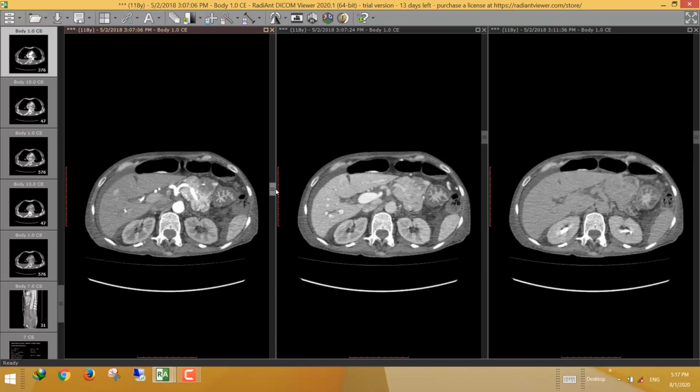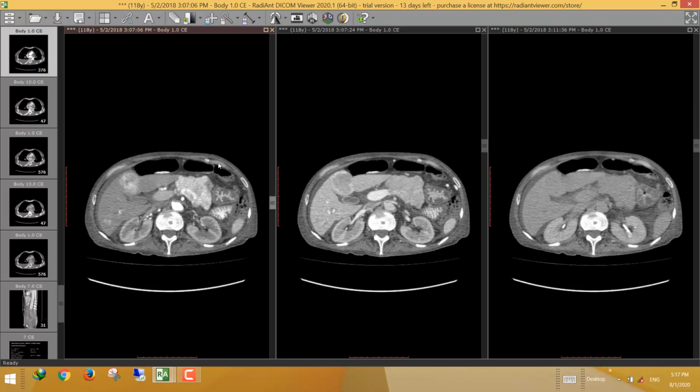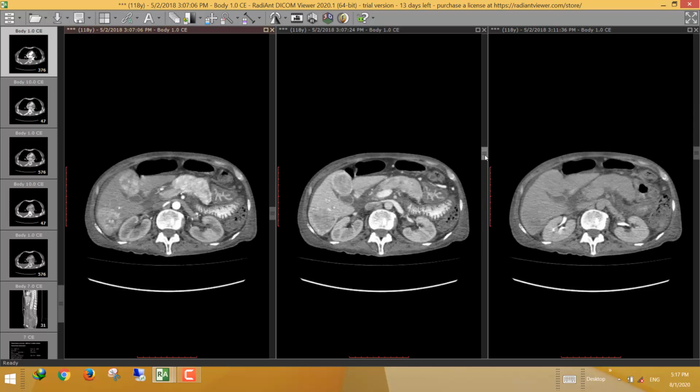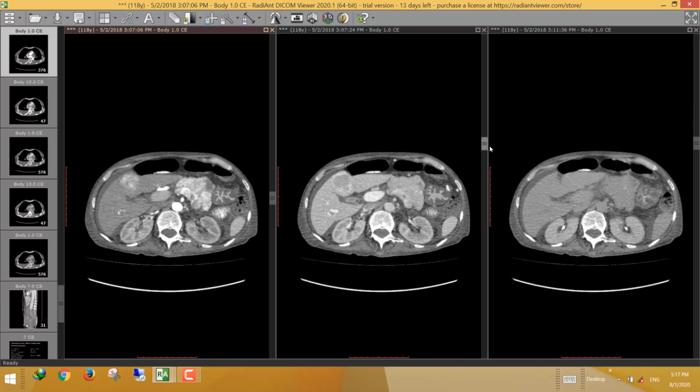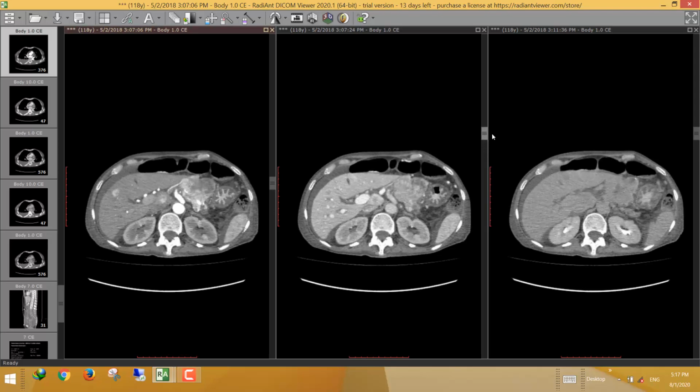Also, we can see here that there is an extension of the lesion posteriorly, infiltrating this structure, which is the splenic vein. This is the splenic vein here that comes to the portal confluence to make the portal vein.